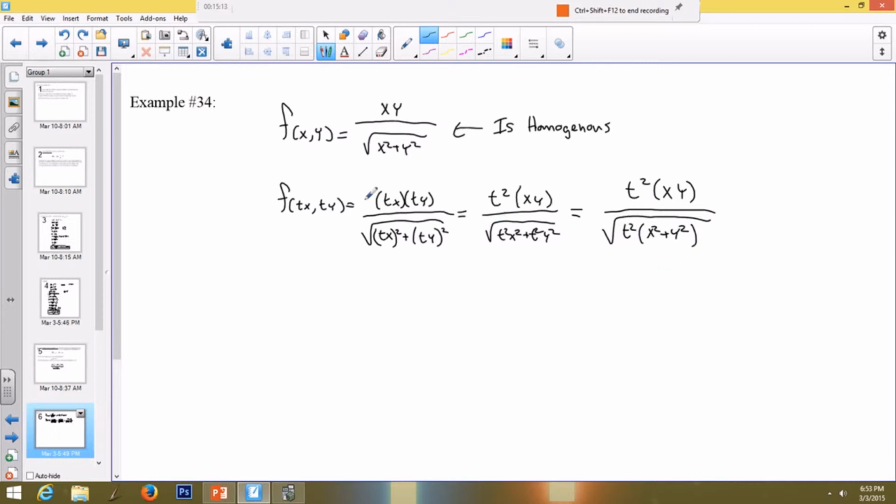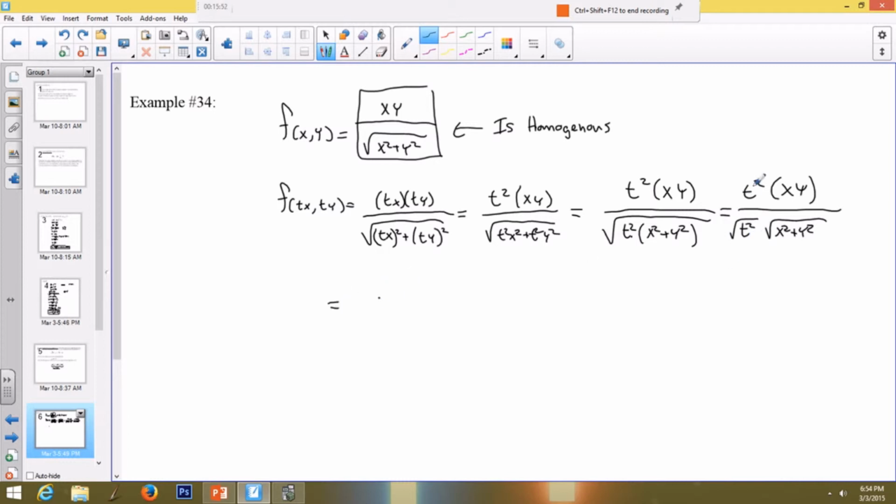And again, the goal is trying to factor out all my t's so that I can say this thing times some power of t. Well, this is a multiplication, so I can separate it. And I've got t squared xy all over the square root of t squared times the square root of x squared plus y squared, and the square root of t squared is just t.